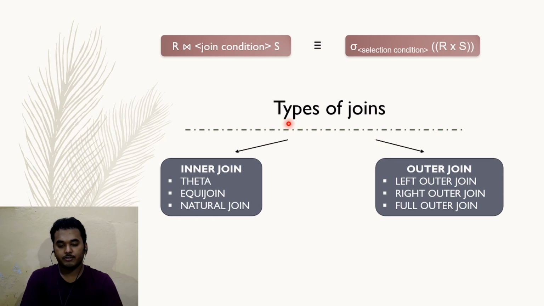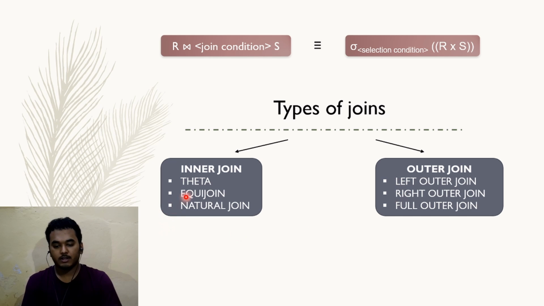Moving on to the types of joins. The joins are basically divided into two broad categories: inner join and outer join. Inner joins are those which join two tuples according to a certain condition and display only those tuples which pass those conditions, whereas it is not the same in the case of outer join, where all of the tuples of one or both the relations are displayed.